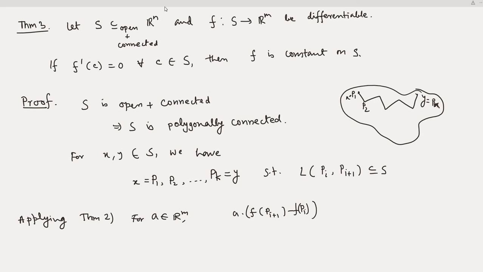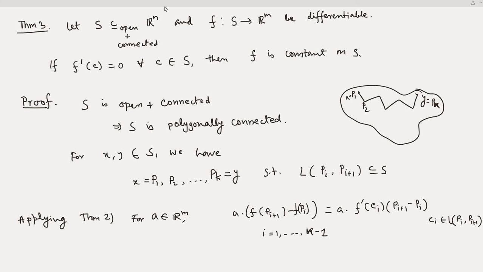This is equal to a dot product with f'(c_i) acting on p_{i+1} minus p_i, where c_i belongs to the line segment joining p_i and p_{i+1}. This is true for all i equal to 1 to k minus 1.